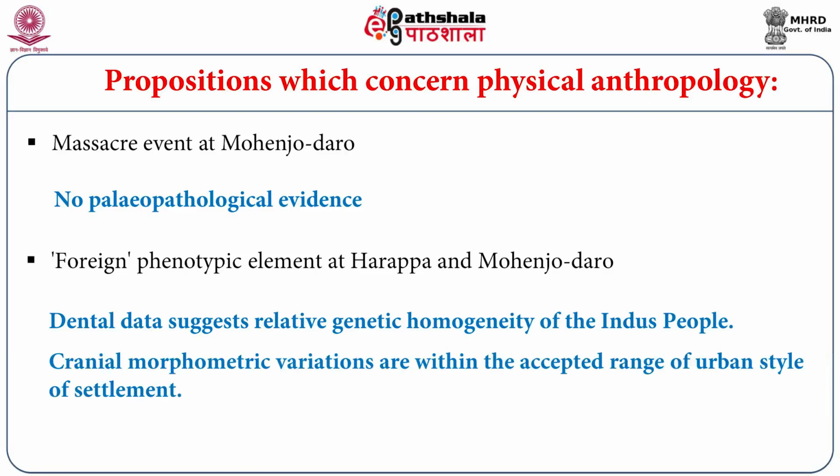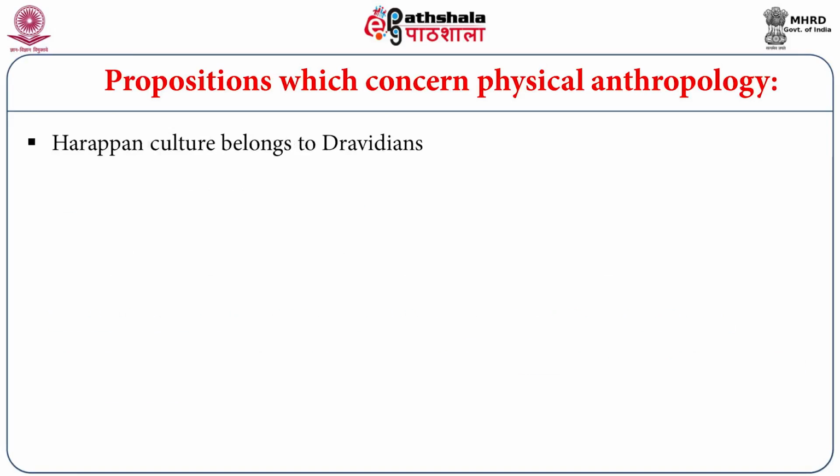Cranial morphometric variations are within the accepted range of urban style of settlement. Another view was that Harappan culture belonged to Dravidians, but there is no anthropological support for this hypothesis.